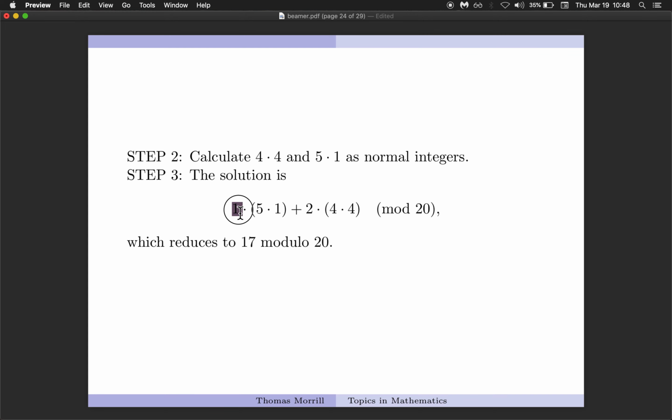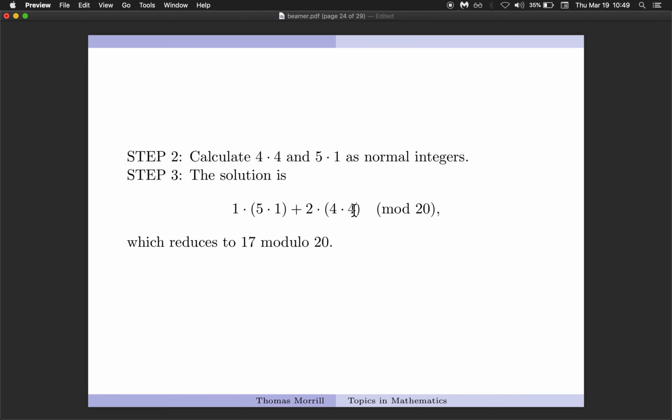I take the residue that I want, modulo 4, I multiply it by 5 and by the inverse of 5. I take the residue that I want, modulo 5, I multiply it by 4 and I multiply it by the inverse of 4, and then I take these numbers and add them up, which will give me my solution, mod 20.